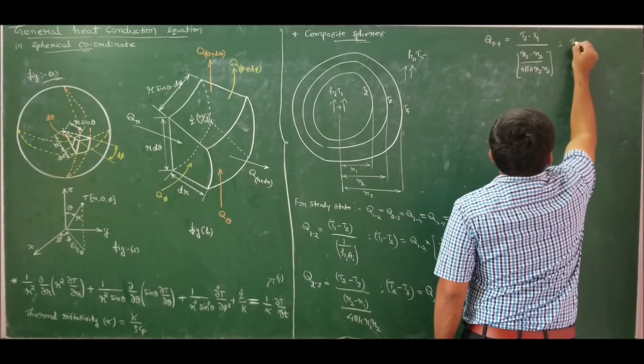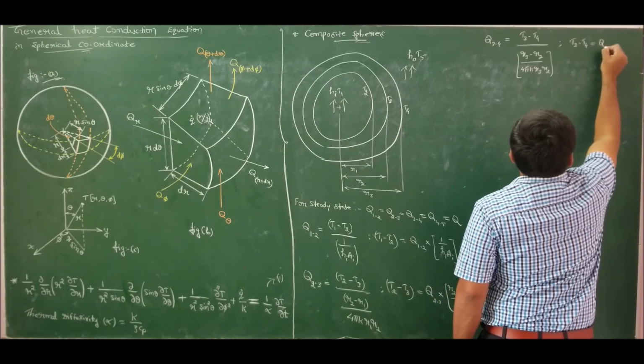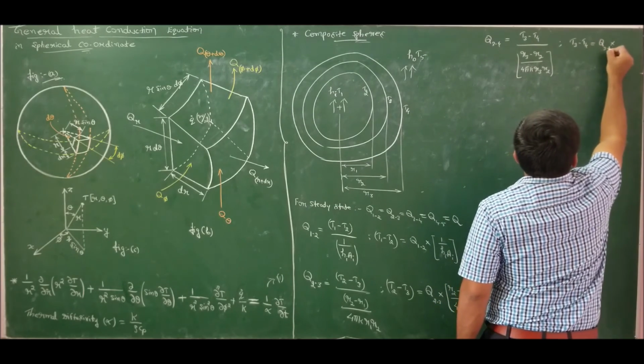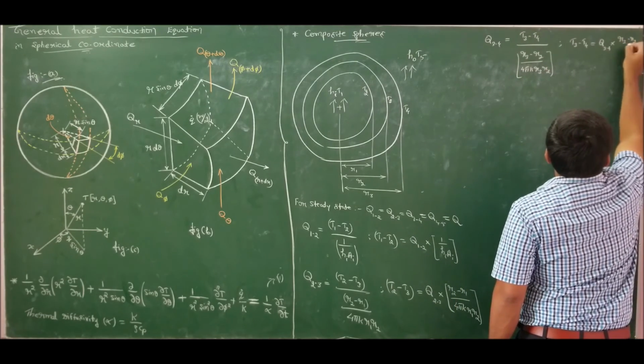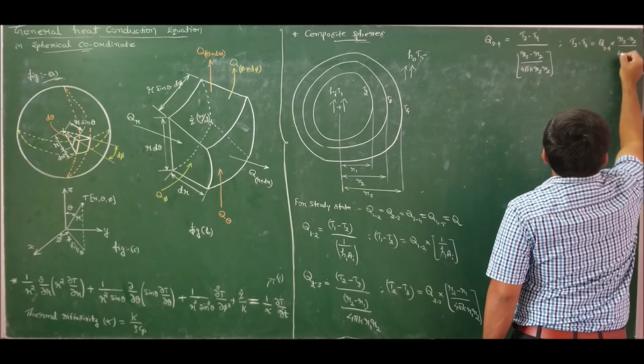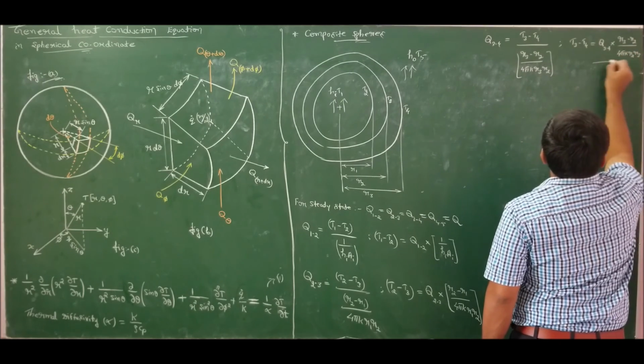Hence the temperature difference T3 minus T4 is equal to Q3 to 4 into this resistance, that is R3 minus R2 divided by 4 pi K R2 R3.